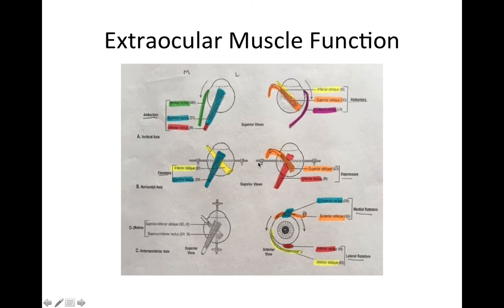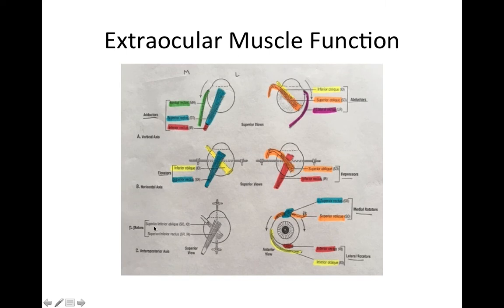This second row is showing us the horizontal axis. So imagine you have a line going through that axial or horizontal axis of the body, and you're going to have muscles that allow the eye to go up or elevate and go down or depress.